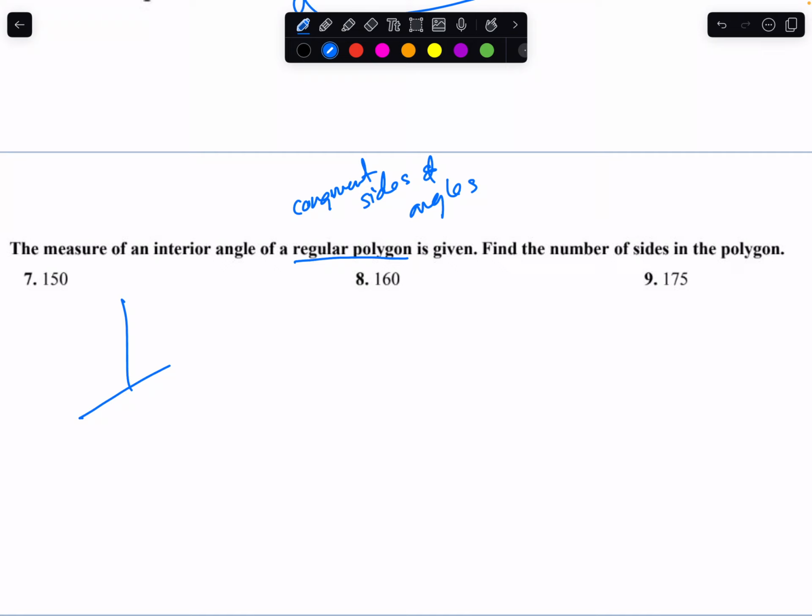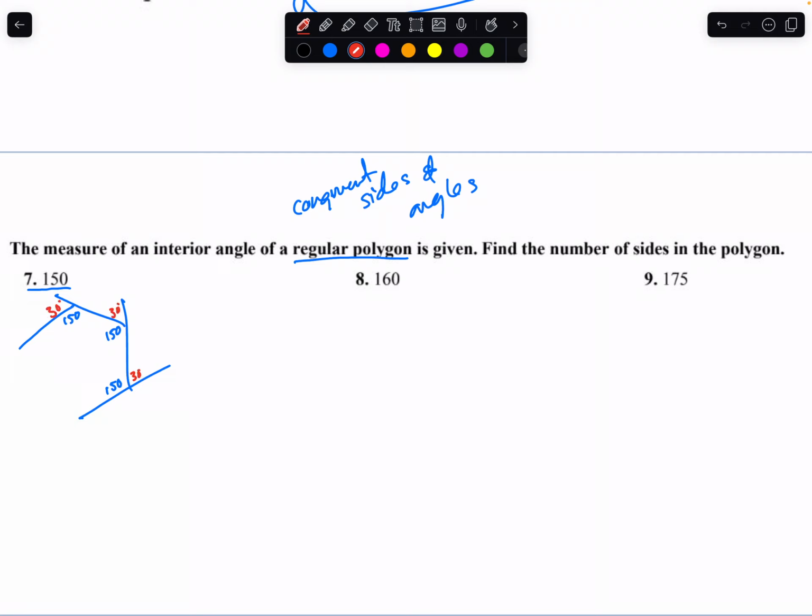I don't know the number of sides, but I do know that the measure of the interior is 150. I don't know how many sides I'm going to have, but the inside is 150. I can use the fact that the inside is 150 to find the exterior angle. Therefore, the exterior angle will be 30 degrees each time.